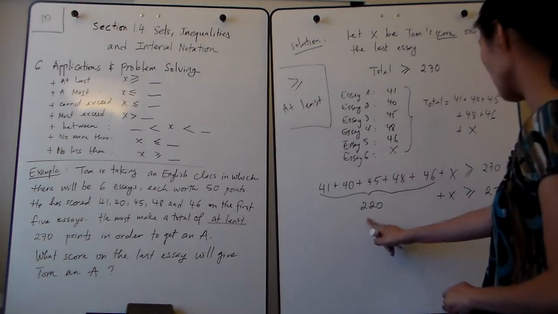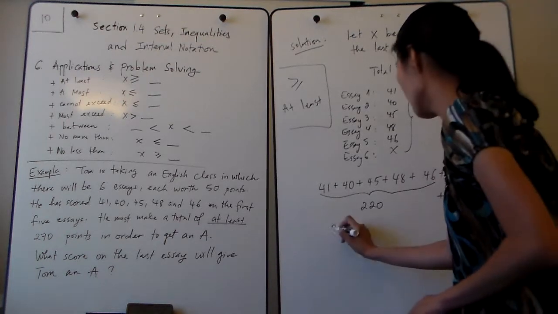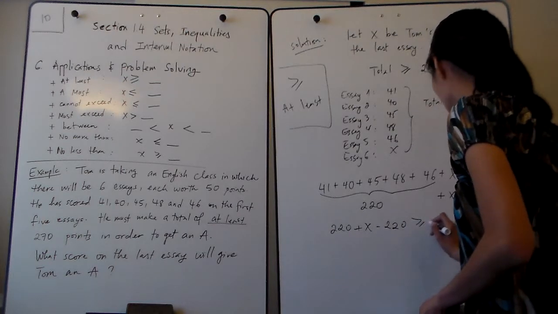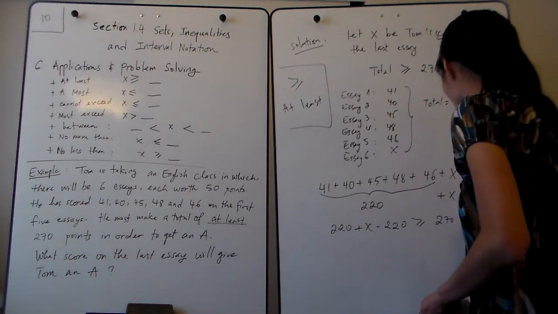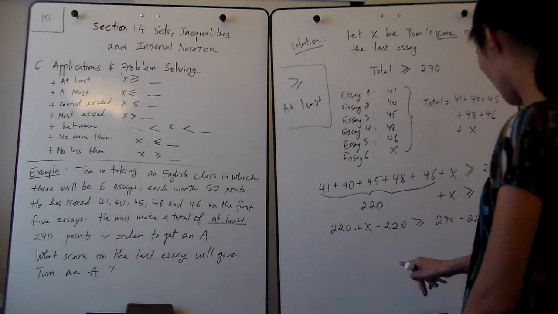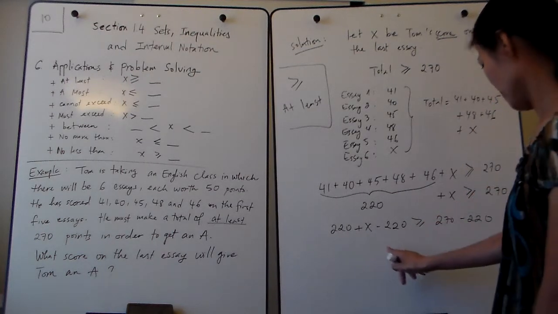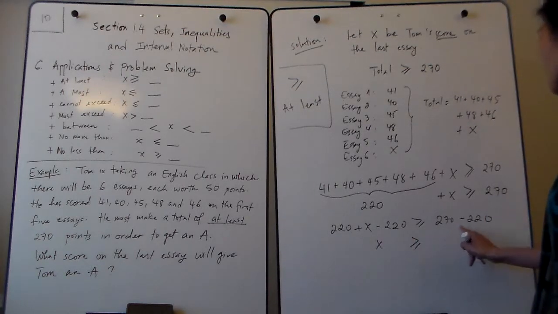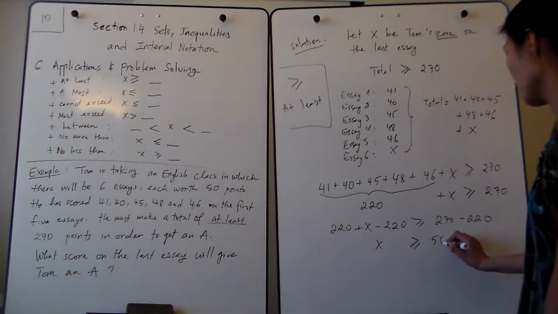So we're going to subtract 220 on both sides. Net 220 is x greater than or equal to 270 subtract 220, which is 50.